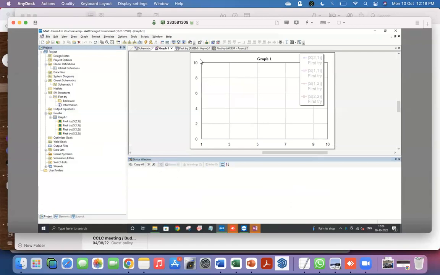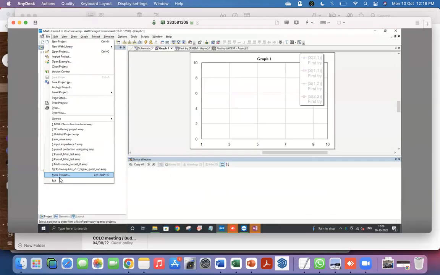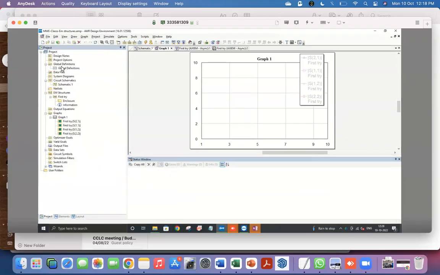Okay, this is strange. Saying it's having some license issues. Strange because it's running. The license system.